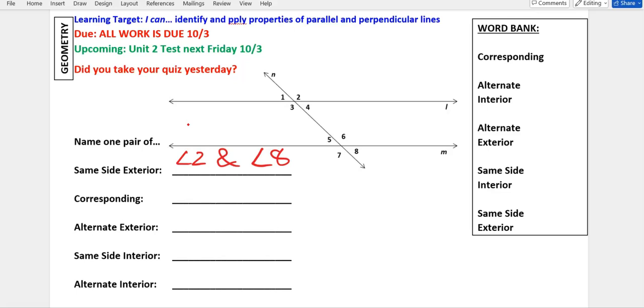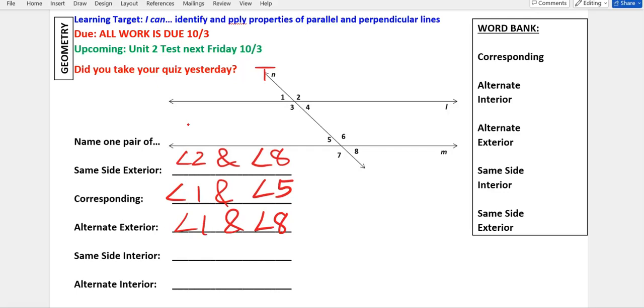All right, so for corresponding, same side, one in, one out. Who can give me an example? 1 and 5 is corresponding. One's in, one's out on the same side. What's an alternate exterior pair? 1 and 8 is correct because they are alternate sides of the transversal and both outside the parallel.